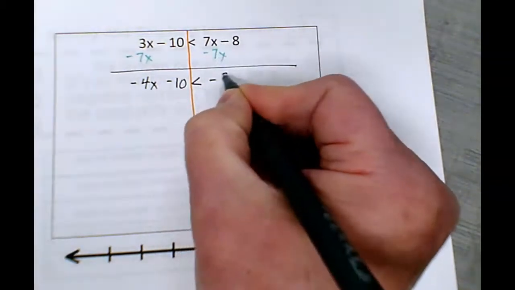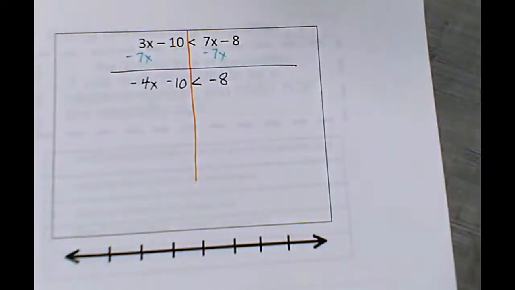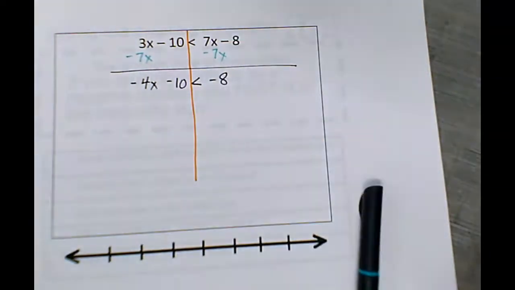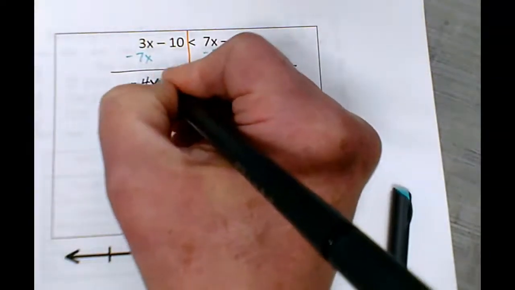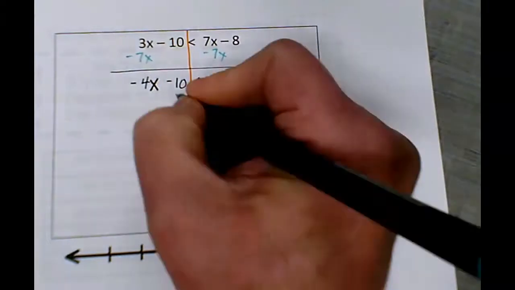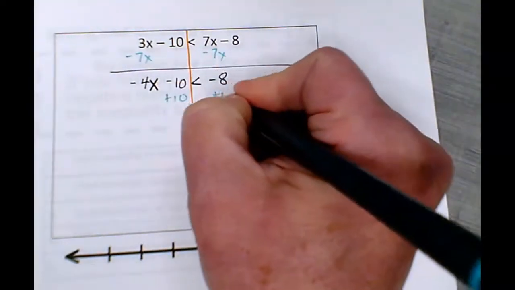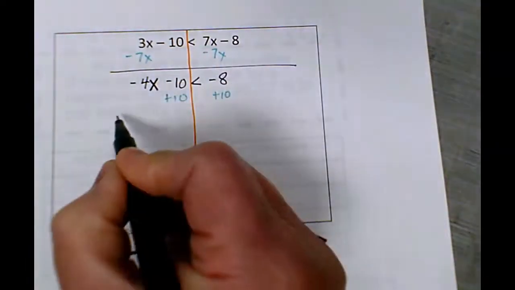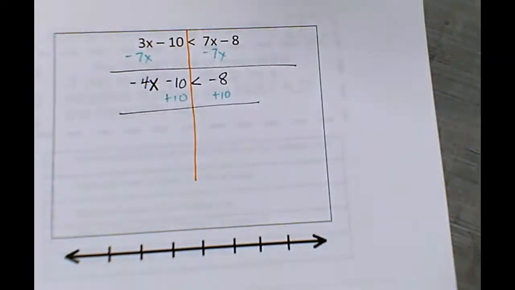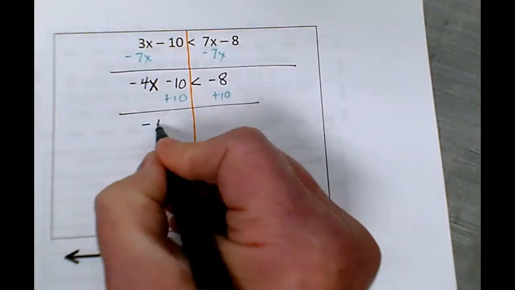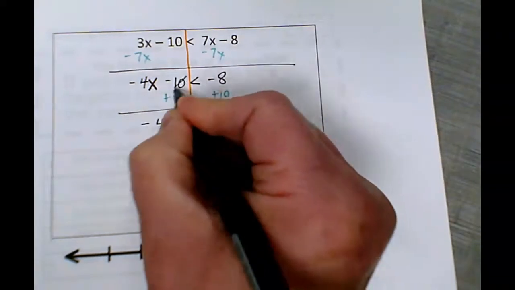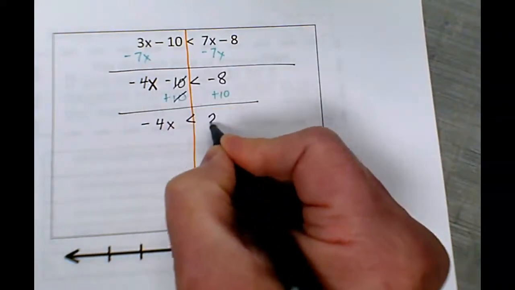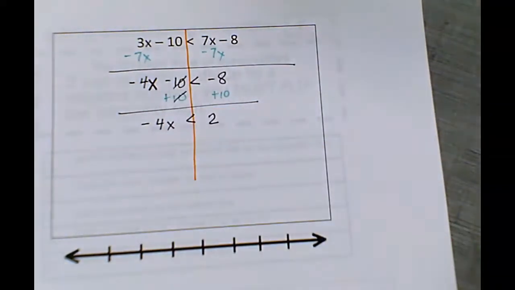That cancels out. I need to get this x by itself, so I'm going to add 10 to both sides. The golden rule does not apply to adding and subtracting. That cancels out, and that will be a 2.